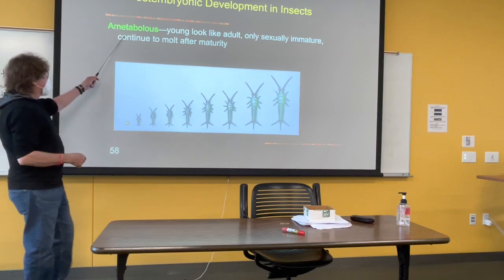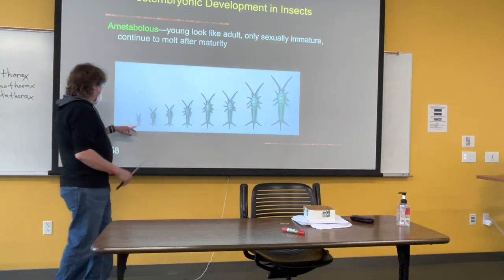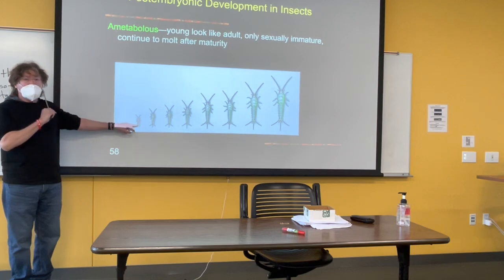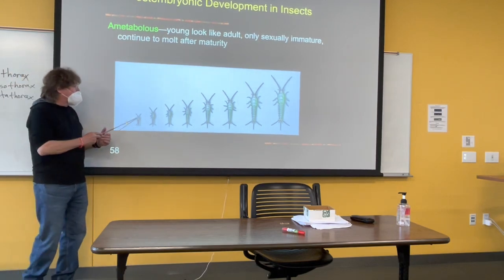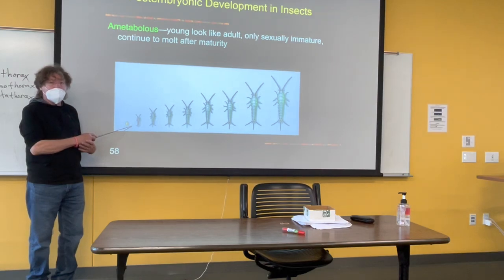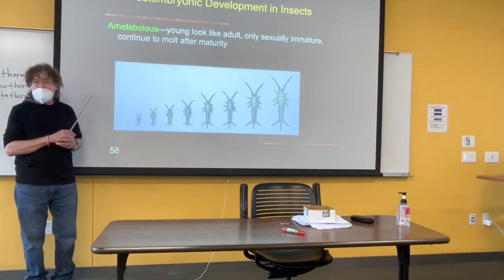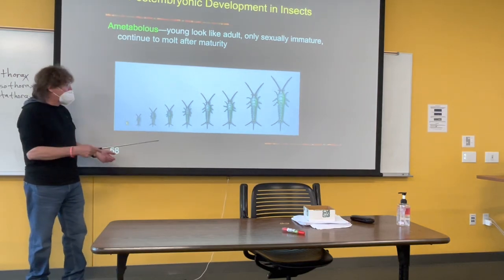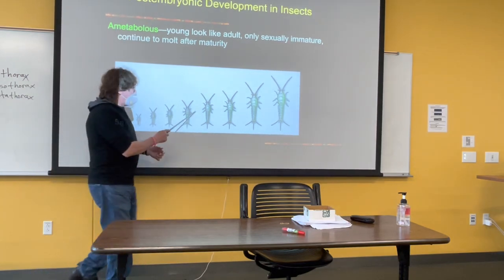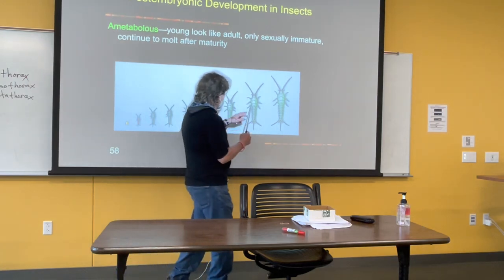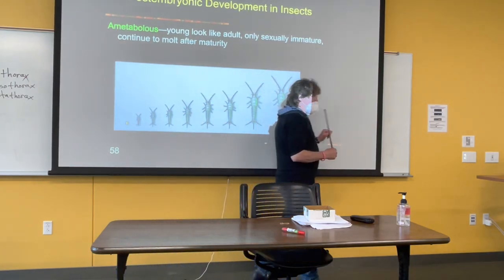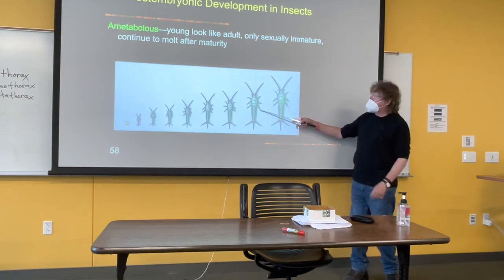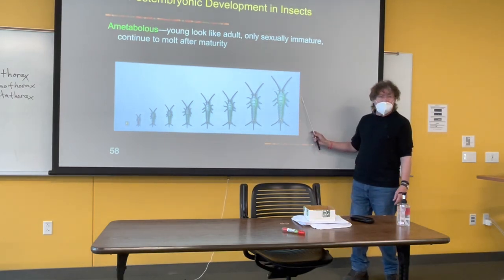So with ametabolous development, after hatching out of the egg, and this is true of silverfish and springtails, they look like a miniature adult, okay, except they're sexually immature, all right? And as they go from molt to molt, and they increase in size, they eventually will reach adulthood, when they're sexually mature and can reproduce, and they continue to molt after maturity.